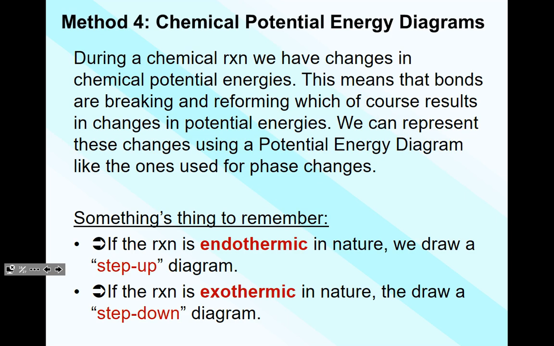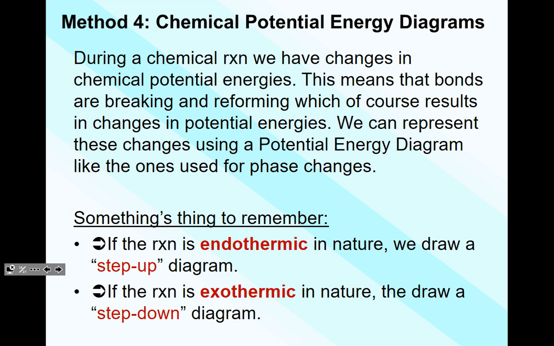It's not even hard. Okay, so method 4 is my most favorite method, because I just love drawing these potential energy diagrams. I don't know why, I just love it. So during a chemical reaction, we have changes in chemical potential energies. Remember, potential energy is opposite of kinetic energy. Kinetic energy is the surroundings, and your potential energy is talking about the system.